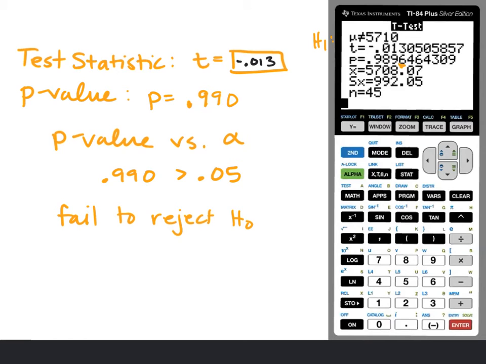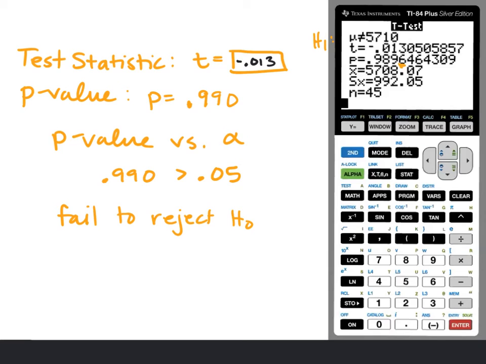Now, if it had some different type of music, maybe they want to study what happens if you're listening to upbeat music, then maybe that's different. Or jazz or some other form of music, or even just noise. But that would be a different population, so that would be a different hypothesis test. So I'm going to fail to reject the null hypothesis. And so that's my decision.